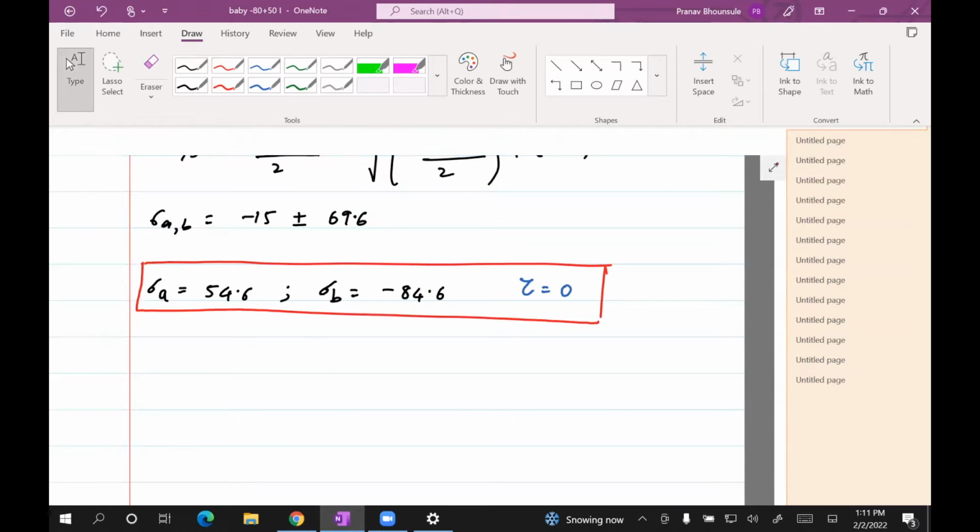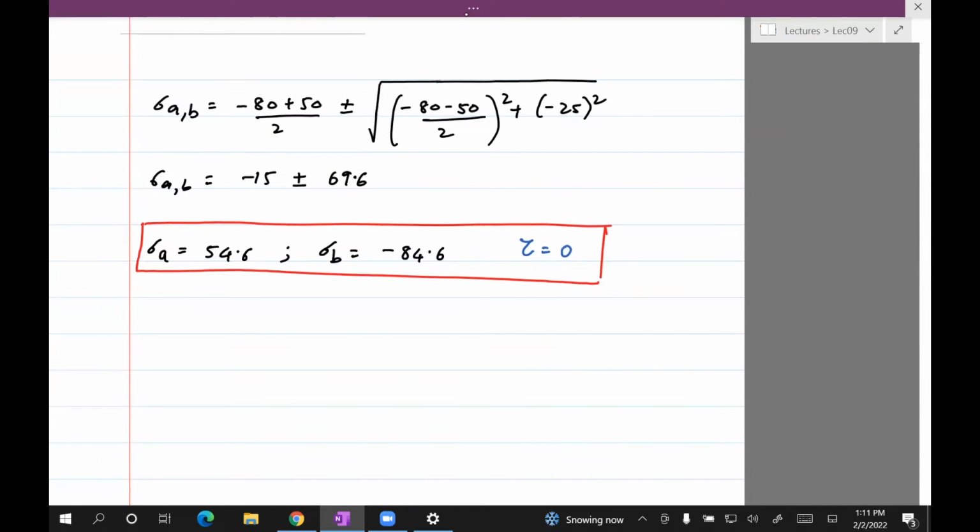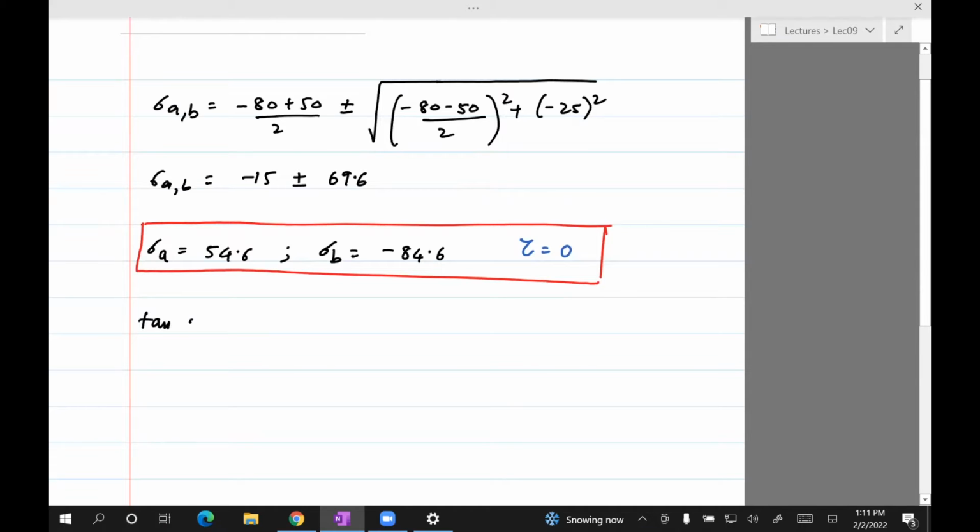The next is to find the principal stress direction, and that again goes by this formula. Tangent of 2 theta p equals 2 tau xy over sigma x minus sigma y.